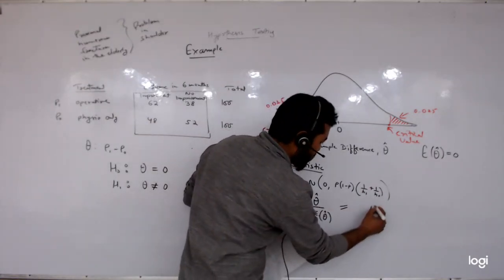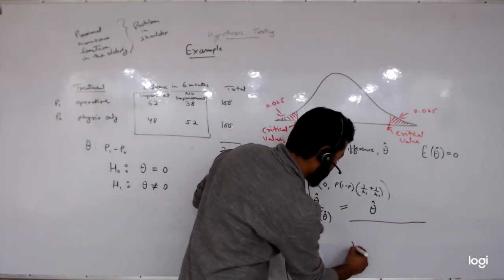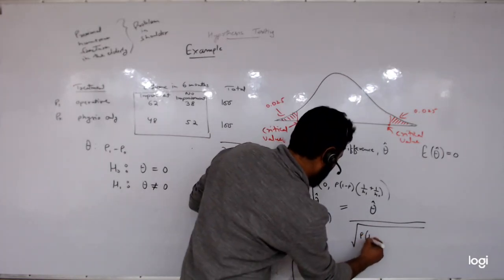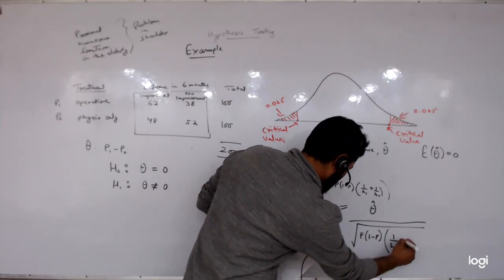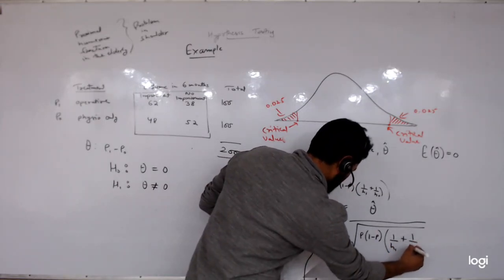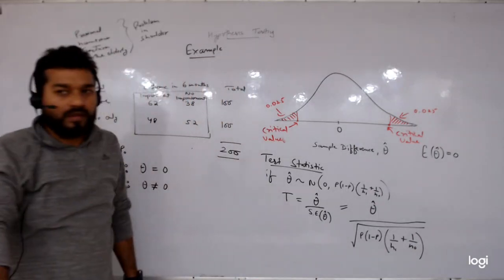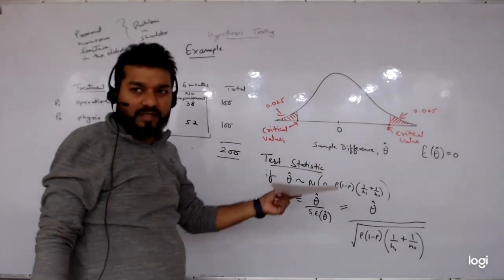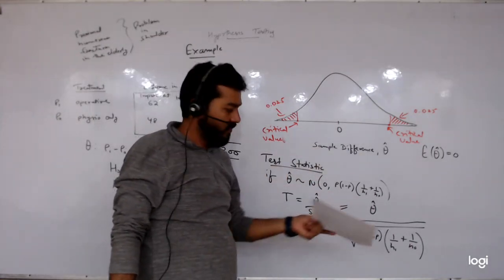This would be theta caret divided by the standard error, which is the square root of the variance of the distribution of the sample statistic. This is what we have.